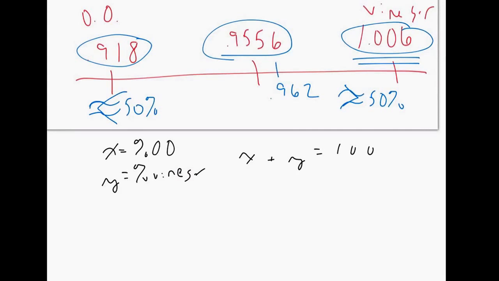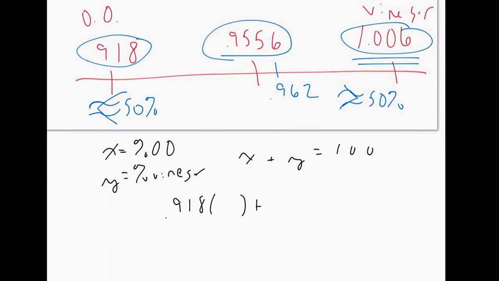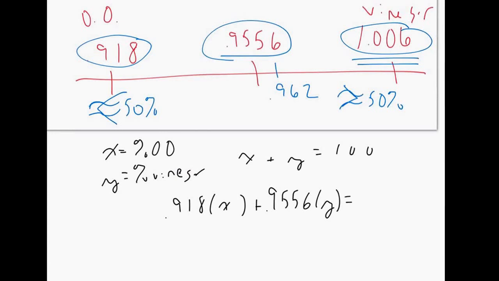And then we also know that if I take 0.918 times the percentage x, plus 0.9556 times y, right, the percentage, I should get, I'm sorry, this should be 1.006 times the percentage.